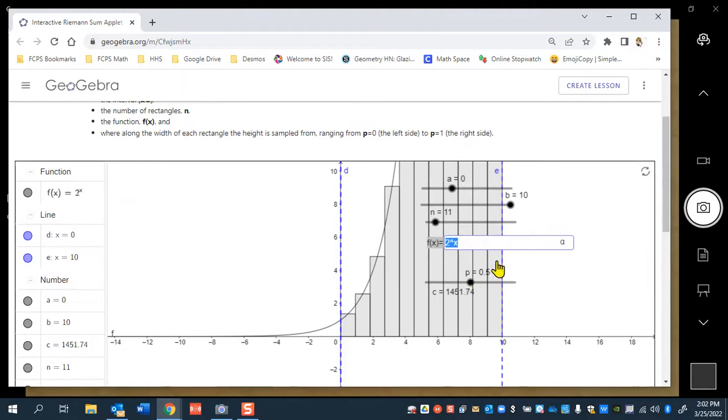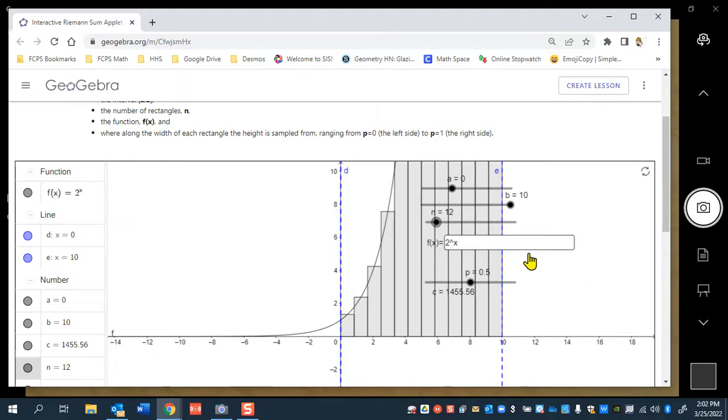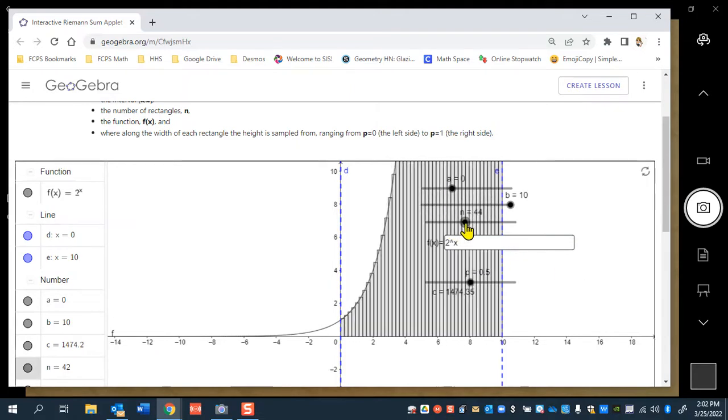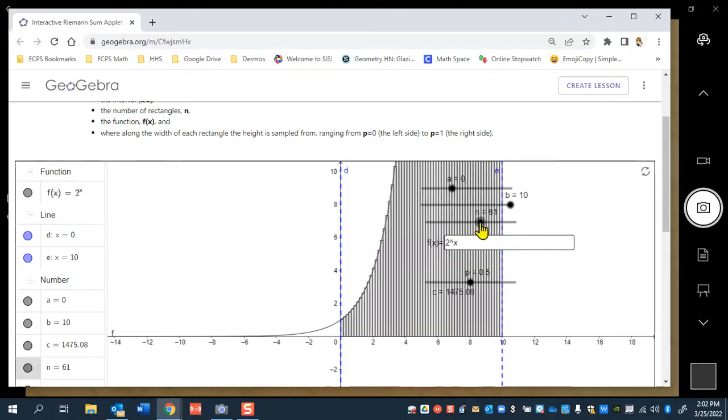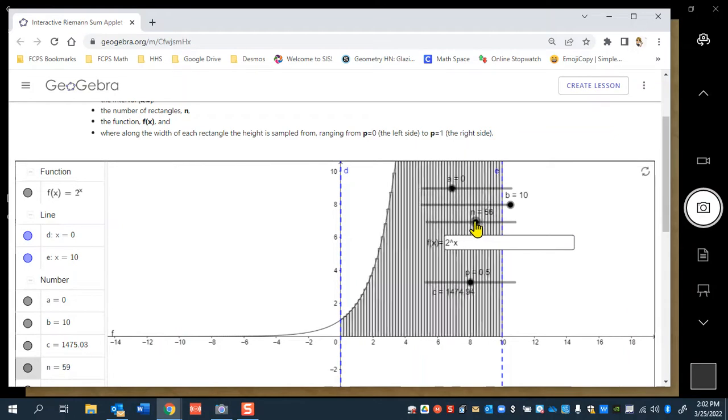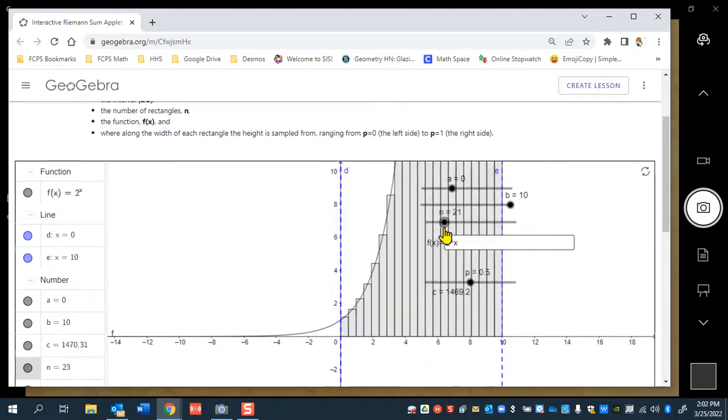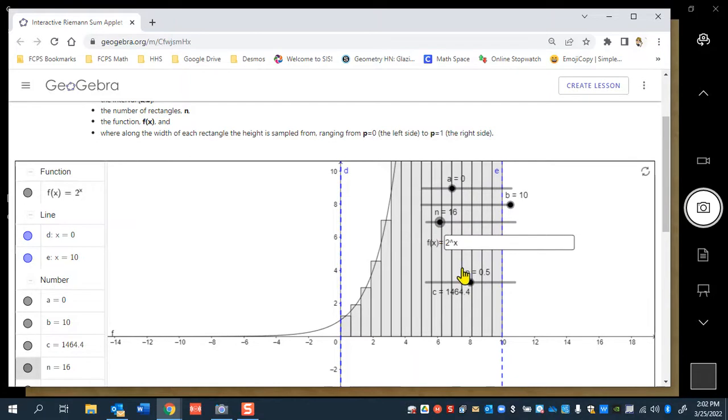So if you look at our ability to calculate her height, if we look at increasing our n's, see how it gets closer and closer to the curve? If we measure from the left, this is kind of what we did.